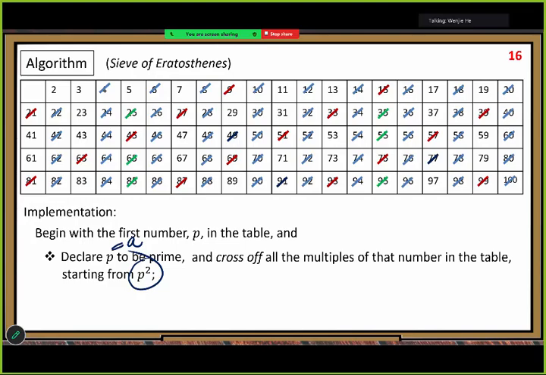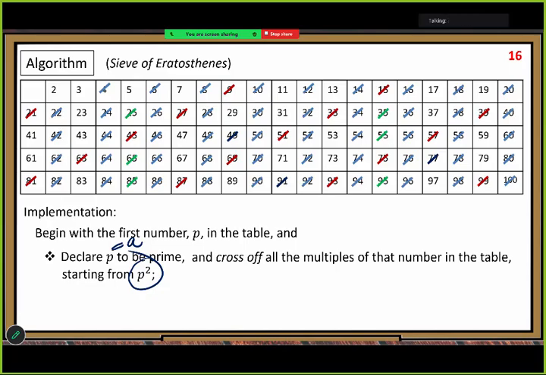Because the smallest possible B equals A, right? The starting point for B is A. When B equals A, B is also P. A is P, then the smallest possible B is also P. So A times B is P squared. The smallest product of AB is P squared. That's why we start from P squared.